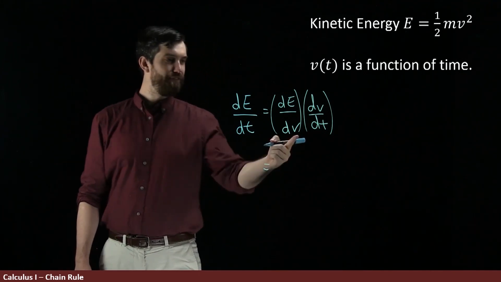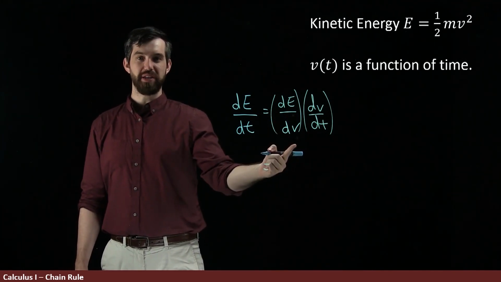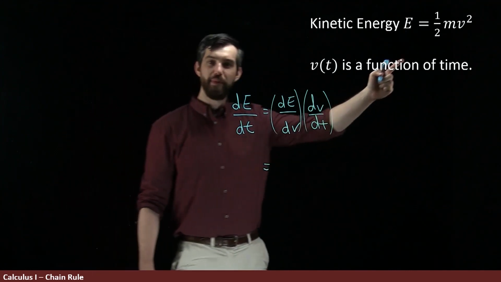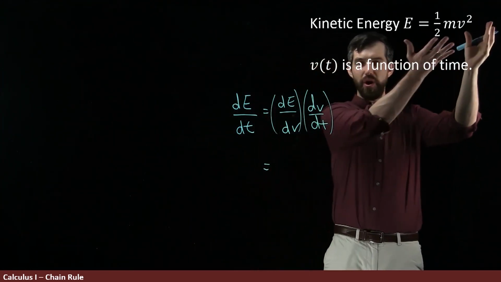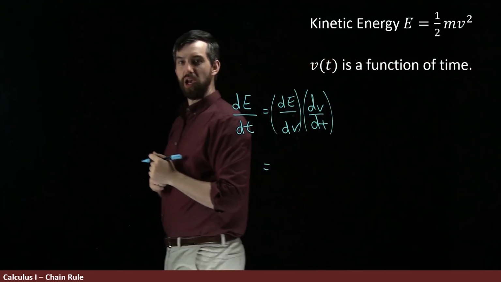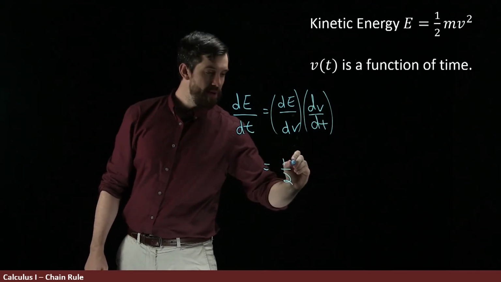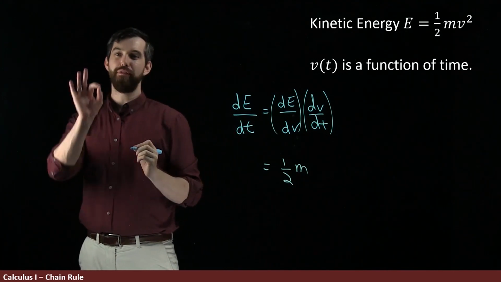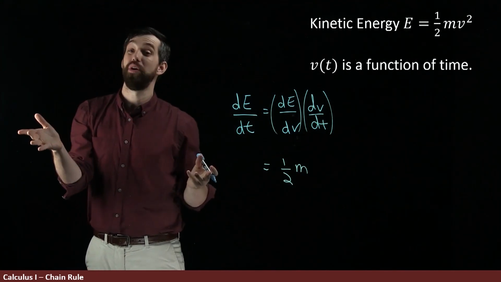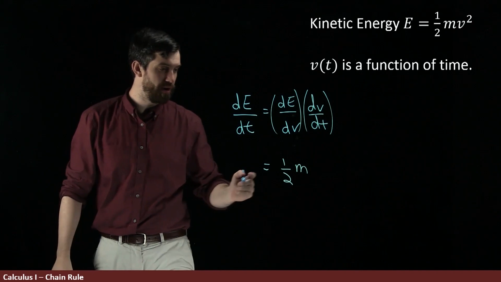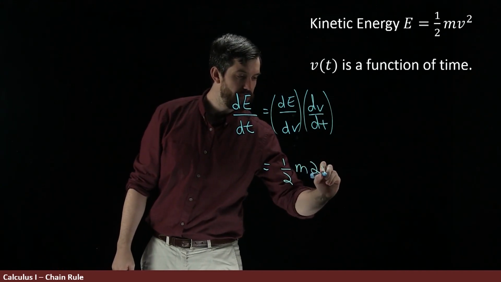Now, I'm going to figure out what the change in energy with respect to velocity is going to be. Here I have my formula, and I'm just going to come along and take its derivative. So the 1/2 is a constant. The m I'm treating as a constant, and then I have a velocity squared, taking the derivative with respect to velocity of velocity squared. So this is going to be 2 times v.